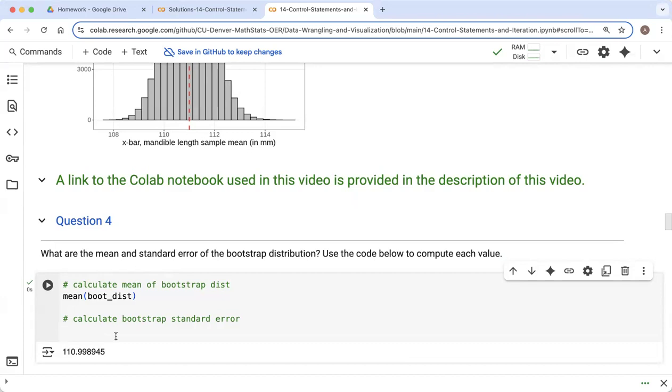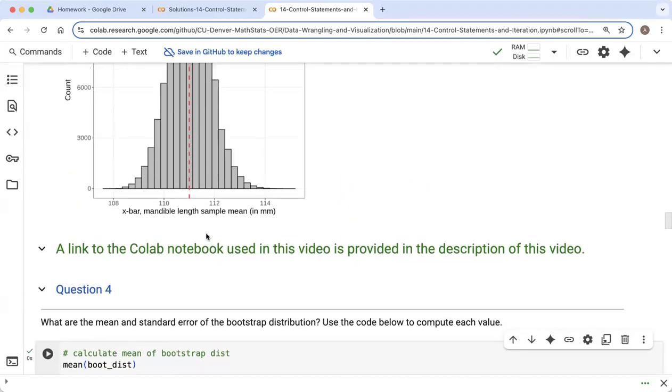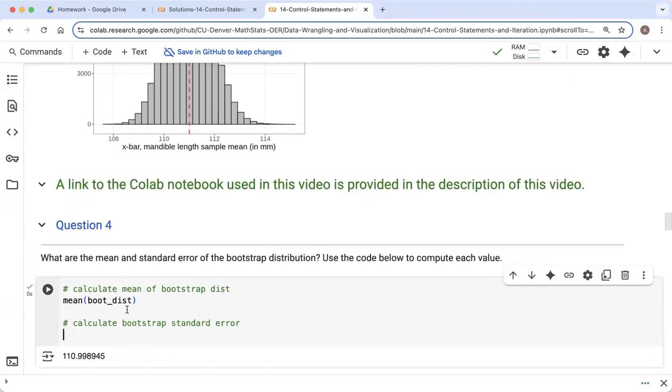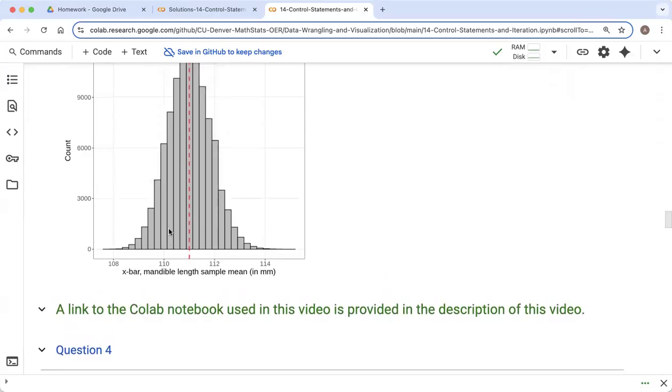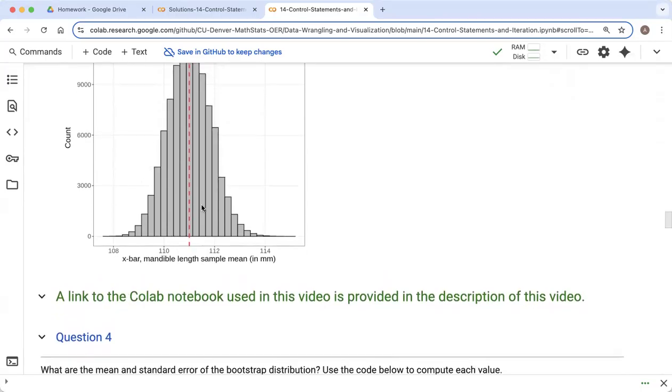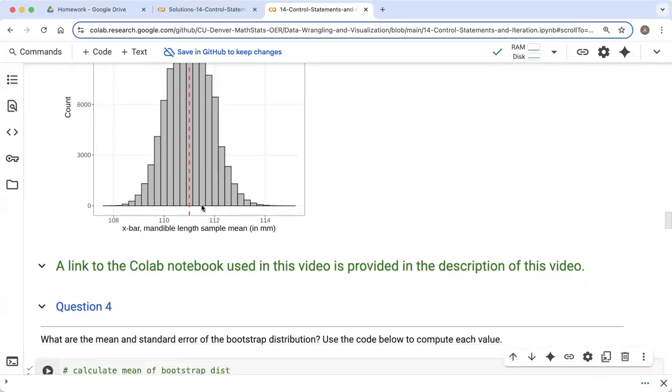How large the margin of error is depends on the variability in the sample statistics that we can see in our bootstrap distribution. So we're going to measure the variability of this bootstrap distribution with the standard deviation.